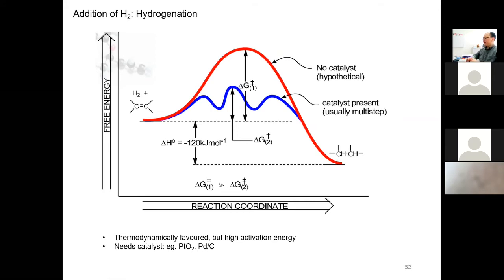Basically, people found that if they put palladium atoms on carbon, like graphene or carbon powder, in a heterogeneous way, it is a very, very active catalyst. You just need to remember that palladium on carbon is a very good catalyst for hydrogenation, and the way it operates is that it decreases the activation energy of the hydrogenation. So now it's not only thermodynamically favored, the kinetic barrier, the activation energy, is much lower.